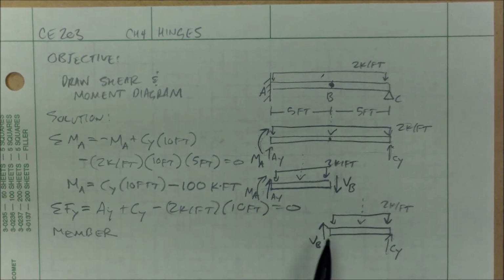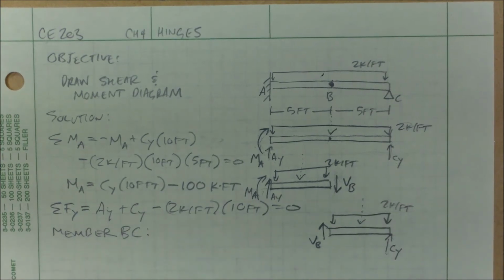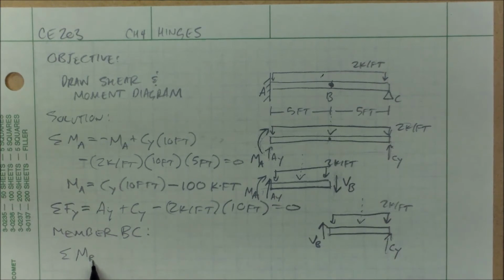Member BC doesn't have a moment, so this side would be easier. That's the one I'll start with. Sum the moments at B, because I don't know VB yet and I want to find CY. So I'll sum the moments at B. Okay, I have my distributed load, negative direction, 2 kip per foot.